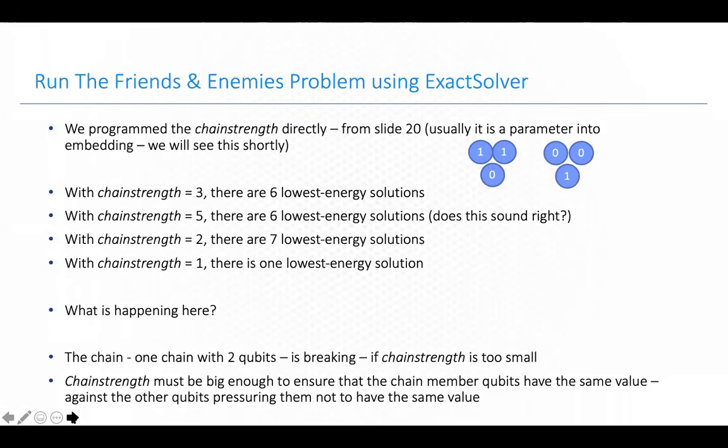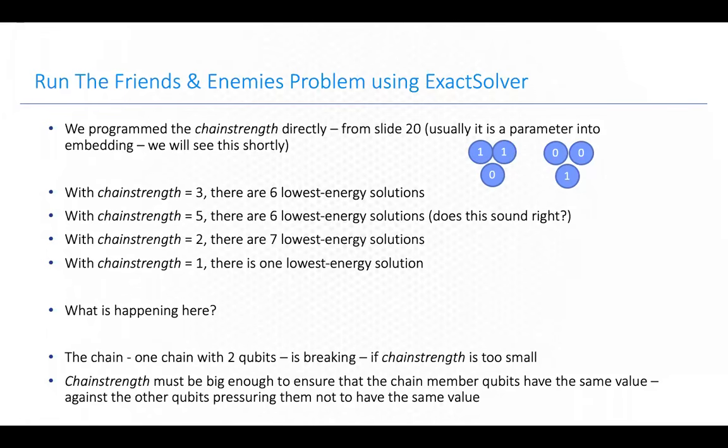And here's what happens. If the chain strength is 3, there are 6 solutions that look like this, here's 2 of them on the right. One is across the top, they're the same, which is good, they're friends. Then they're enemies, 1 into the 0. But there is no way to actually have a friend relationship from the 0 on the bottom back to the 1. It turns out there's no way to do it.